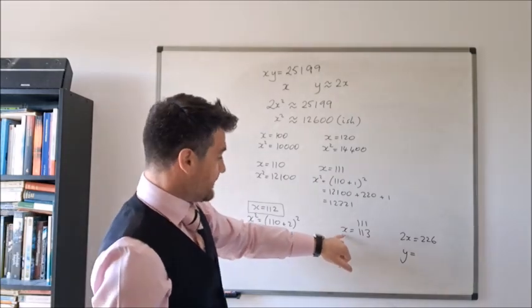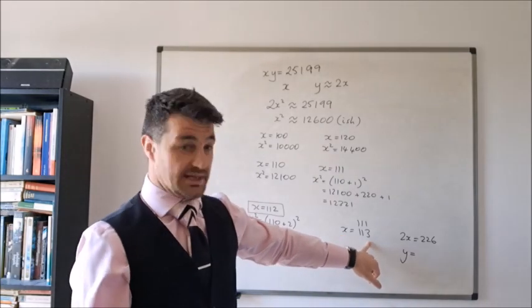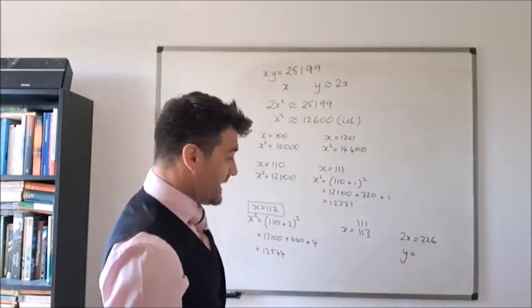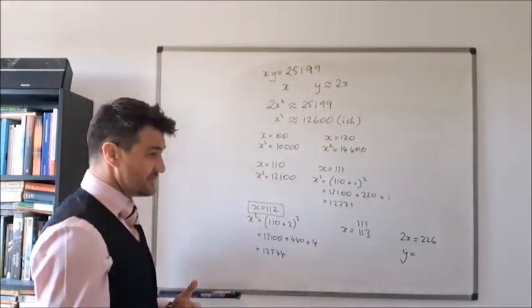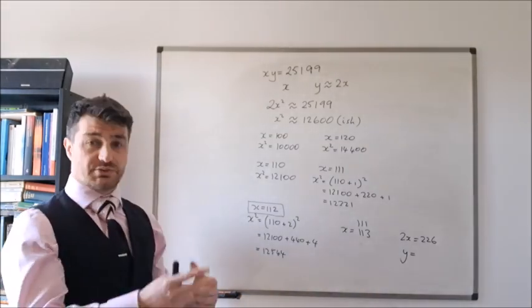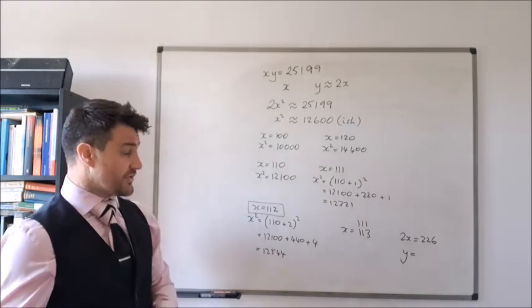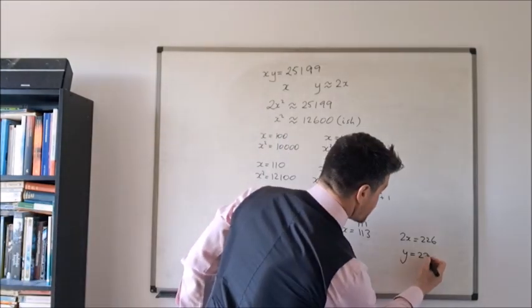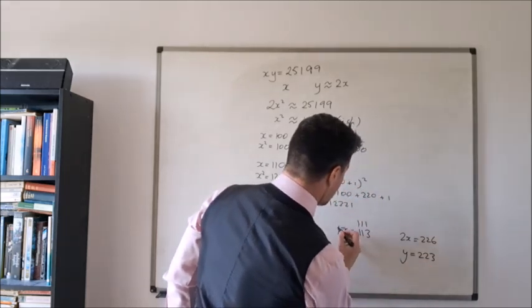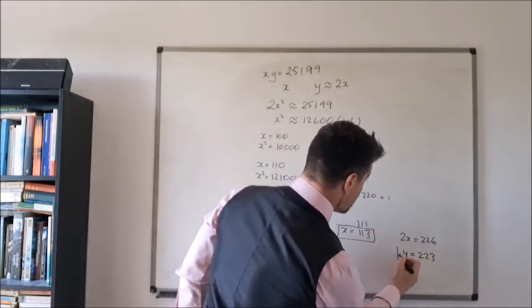So that means that if x is equal to 113, y is going to have to end in a 3. So that gives me maybe two possibilities, 223 or 233. I think 233 is a bit too high, so I'm going to go for 223. So I'm going to go for these two numbers.